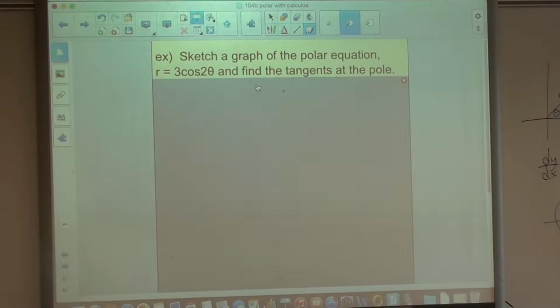So 1/2. Okay, so what comes after 5 pi over 6?